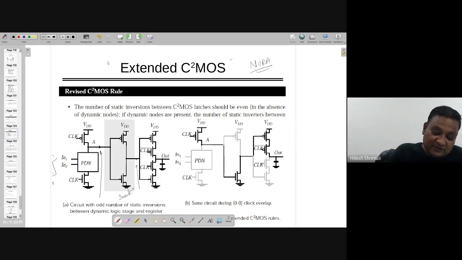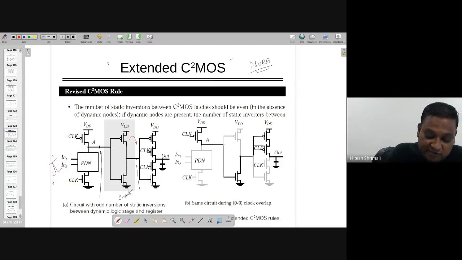But if it is going the other way, then you are going to use two inverters or maybe no inverters. That will also work fine. So that is the thumb rule over here.